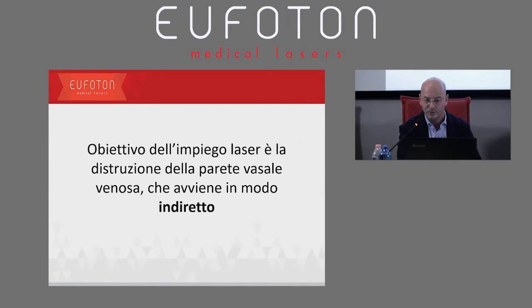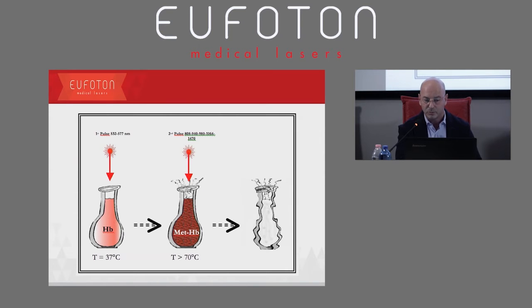So the goal is the destruction of the vessel wall, which is indirect. Here you can see it very well. Hemoglobin is hit for the first time with this frequency 532, so it turns into meta-hemoglobin with a temperature of 70 degrees.